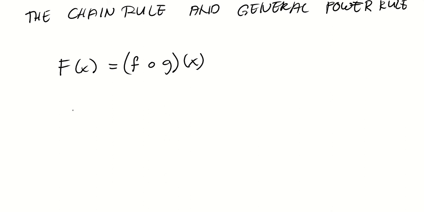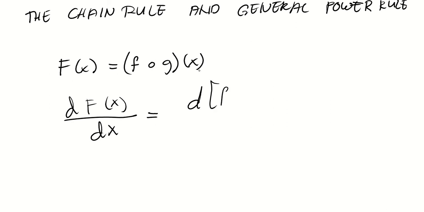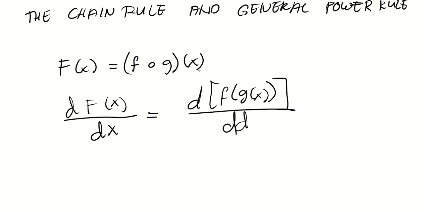So the derivative of f of x with respect to x now will be equal to the derivative of f of g of x with respect to x. Then it's not yet done. We need still to multiply g'(x), or dg/dx. So this is chain rule.